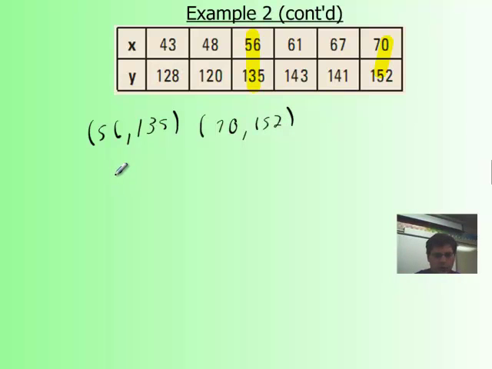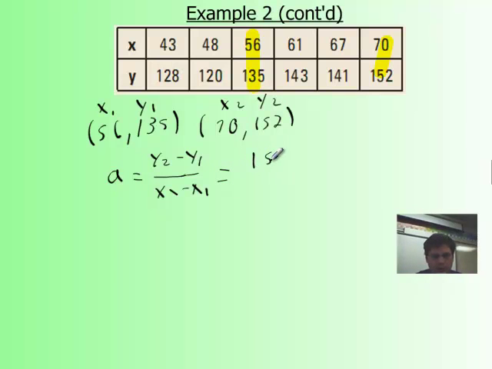So remember, slope a or m is going to be y2 minus y sub 1 over x sub 2 minus x sub 1. I'm going to call this x sub 1, y sub 1, x sub 2, and y sub 2.